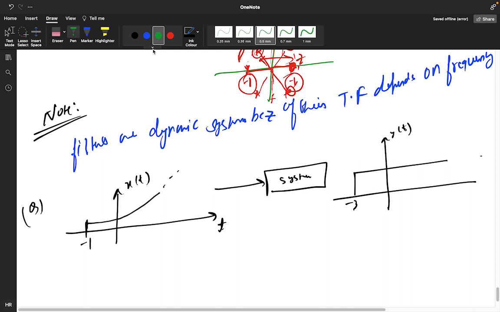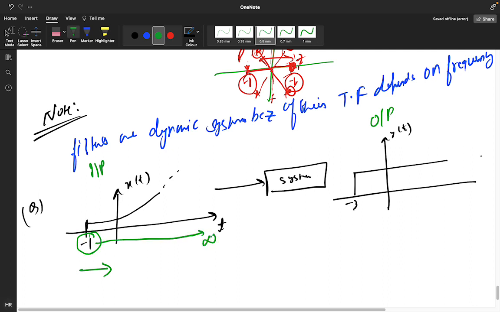So is this a causal or non-causal system? This is your output, this is your input. Non-causal, sir.